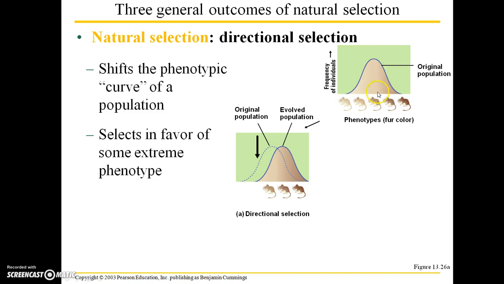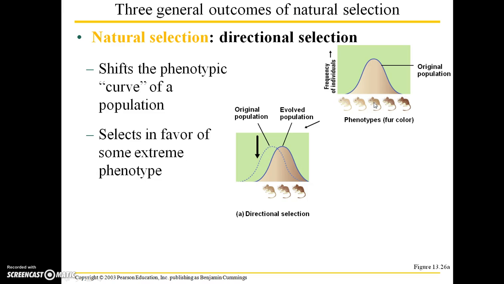The original population shows us that most individuals were this intermediate brown color here. There were some individuals that were very light and some individuals that were very dark, but most of the individuals that make up that population are this medium brown color.